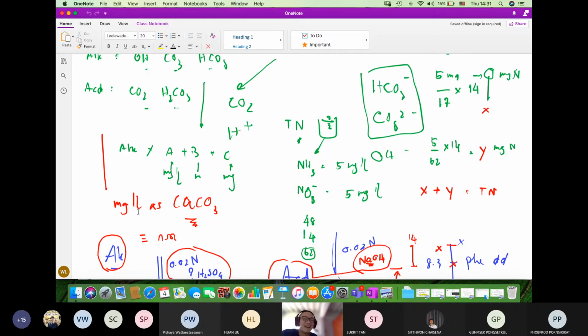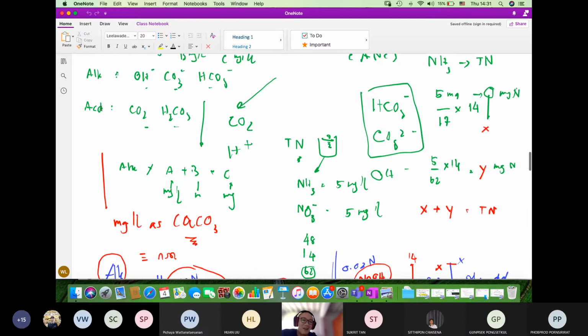This is probably the reason why we prefer to use this unit to define the amount of alkalinity and acidity in water. The unit of alkalinity and acidity is milligrams per liter as calcium carbonate. The same as the hardness we are going to talk about again. Hardness is also expressed in terms of milligrams per liter as calcium carbonate, because the major cause of the hardness is also due to the carbonate species.